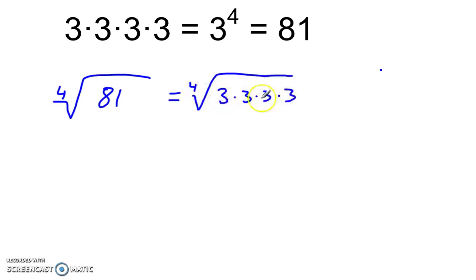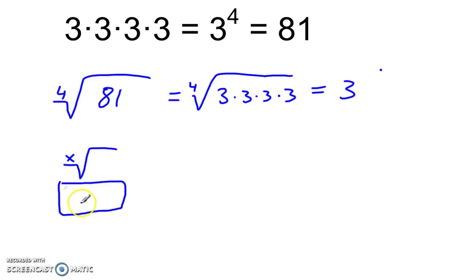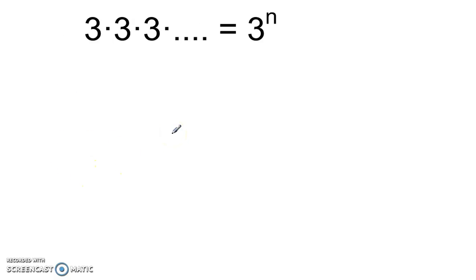Since we have 4 equal factors, one of those equal factors is its 4th root. On your calculator, that function looks like this, and on most of them, that is a second option to the exponent button. So if you find the exponent button, right above that you should have the multi-root function.